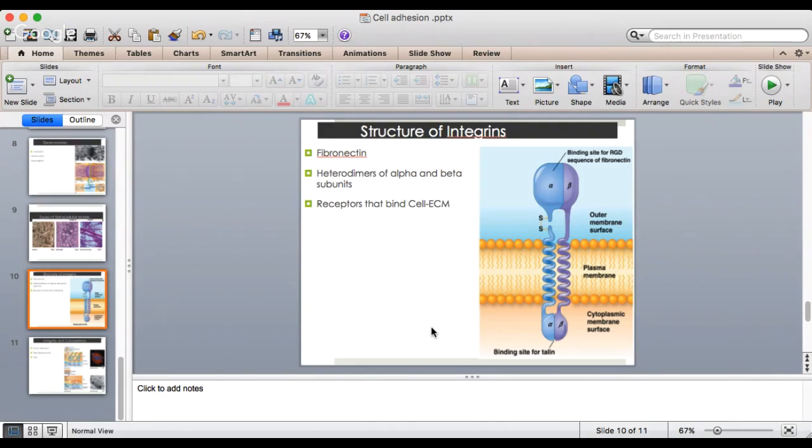The alpha and the beta subunits' extracellular portion, which is shown up here, interacts to form a binding site for a specific protein. However, the alpha and beta cytosolic portion, which is found right here, has a binding site for linker proteins that can join the cytoskeleton to the extracellular matrix.